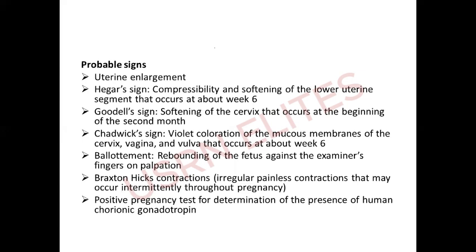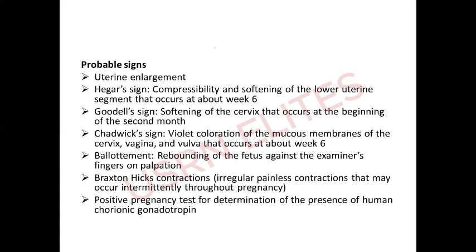You have Braxton-Hicks contractions, which are irregular, painless contractions that may occur intermittently throughout pregnancy. And so when you look at what we call true signs and false signs of labor, you understand that Braxton-Hicks contraction is one of them because it is a false labor sign.